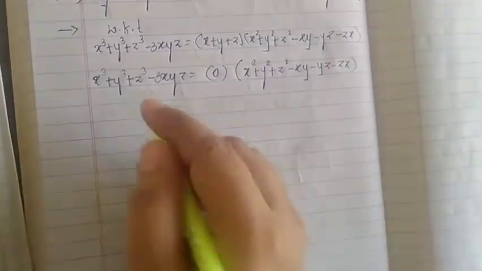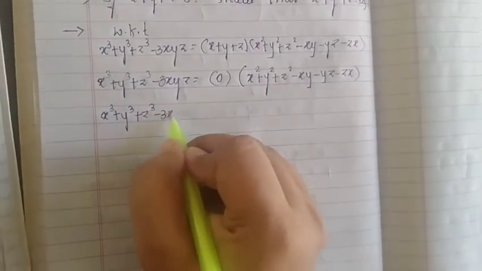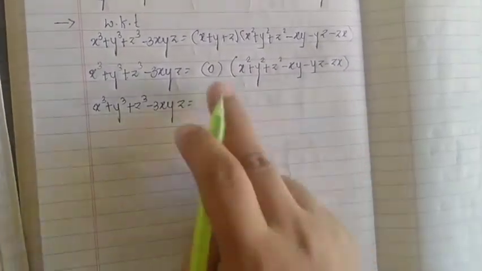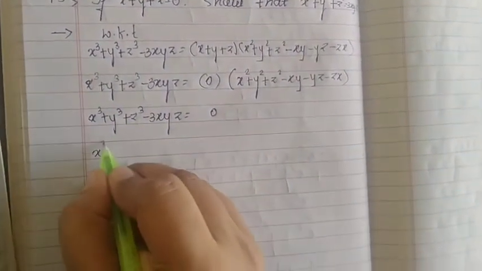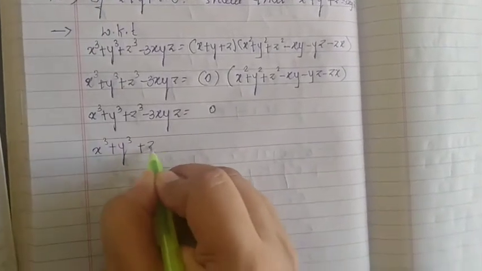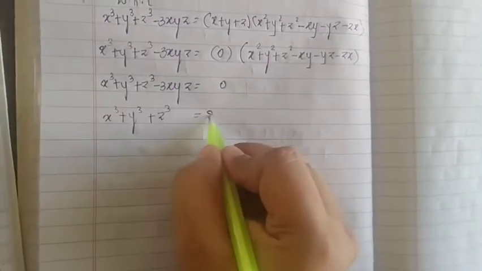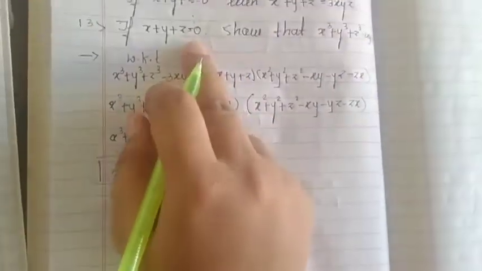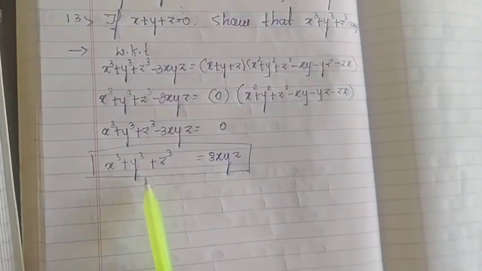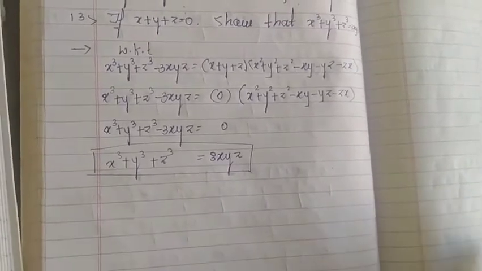Okay, so now here you can see again x cube plus y cube plus z cube minus 3xyz will be equal to 0, because 0 into any number is always 0, isn't it? So x cube plus y cube plus z cube will be equal to, now here minus 3xyz is there, so it will come here, means it will become plus 3xyz. So this is your proof. So here you can easily say that if x plus y plus z is equal to 0, then x cube plus y cube plus z cube is always equal to 3xyz. Okay. So now we'll move on to the next question.